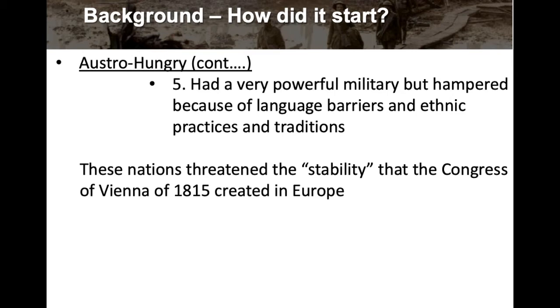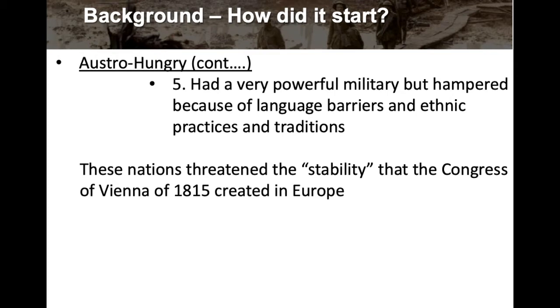These nations threatened the stability that the Congress of Vienna of 1815 created in Europe. If you remember back, we talked about the Congress of Vienna in a separate PowerPoint. The whole purpose of the Congress of Vienna after the Napoleonic Wars was to create stability in Europe, and they kind of redrew some of the map and established these things.